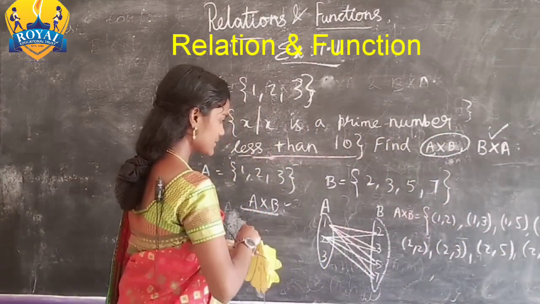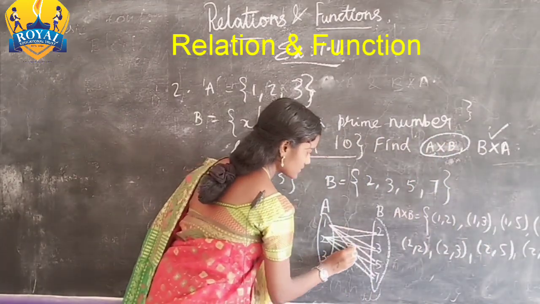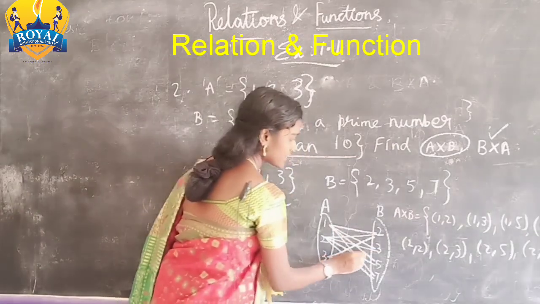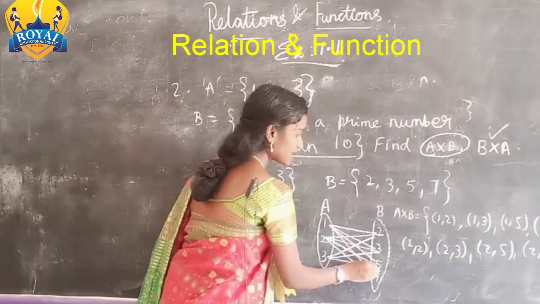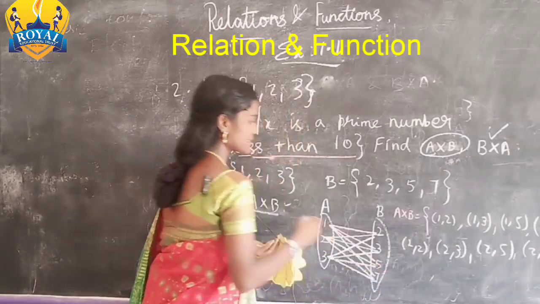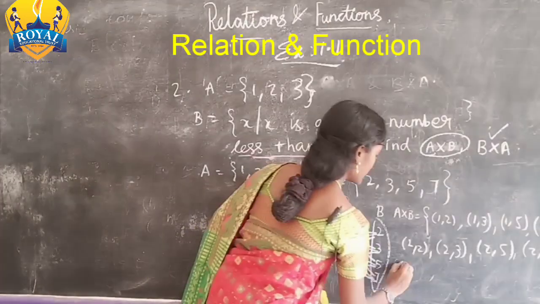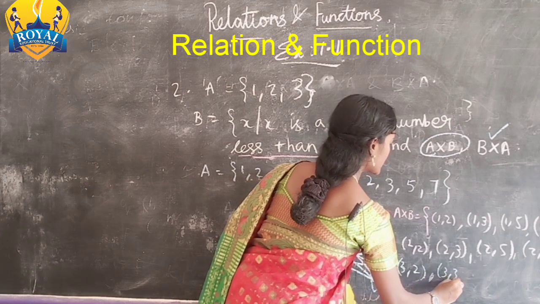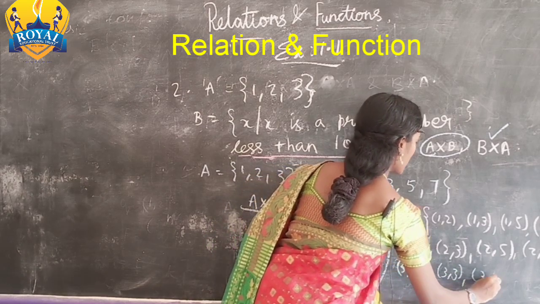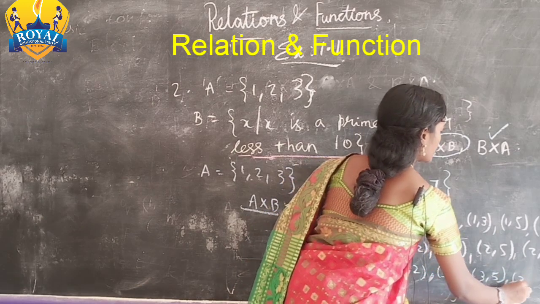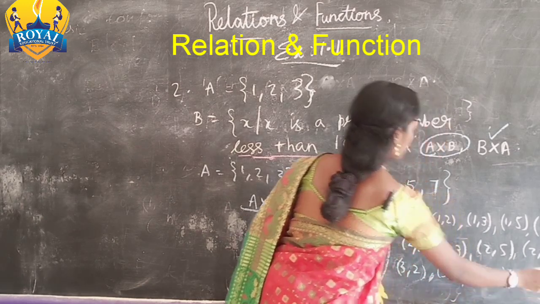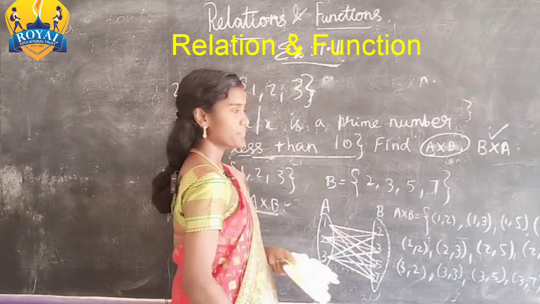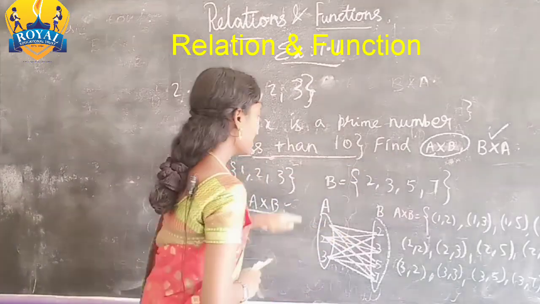The third one is (3, 2), (3, 3), (3, 5), (3, 7). Okay. This is A cross B.